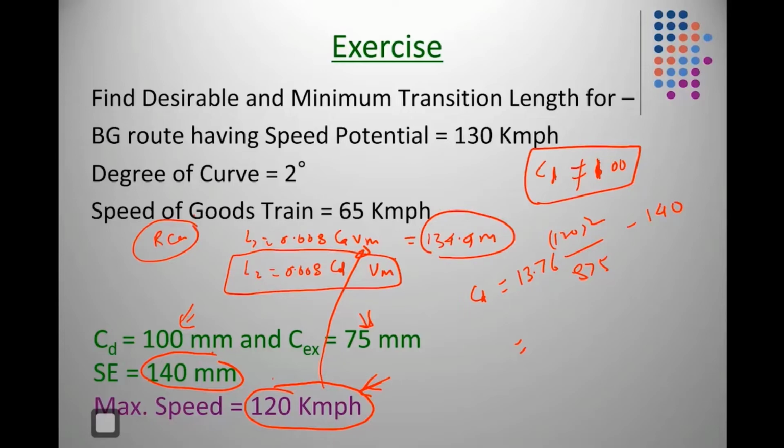So this value is coming as 86.45. So actual cant deficiency is not your maximum limit, but actual cant deficiency which the vehicle is encountering is 86.45, and therefore this L2 should be calculated for this 86.45. This is a common mistake.